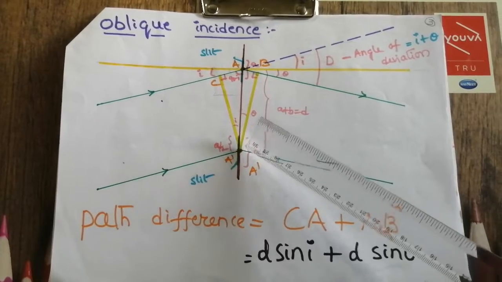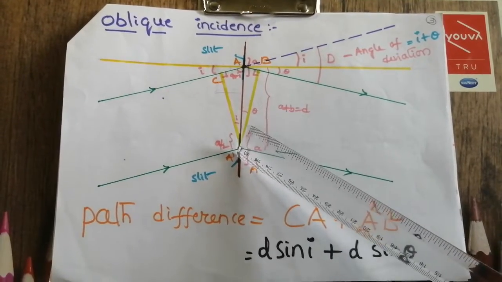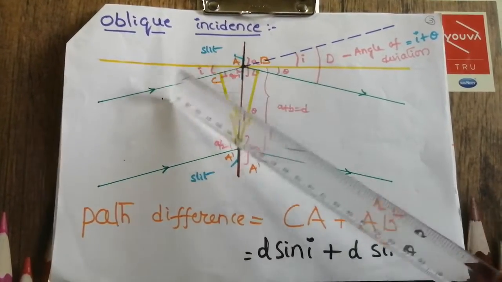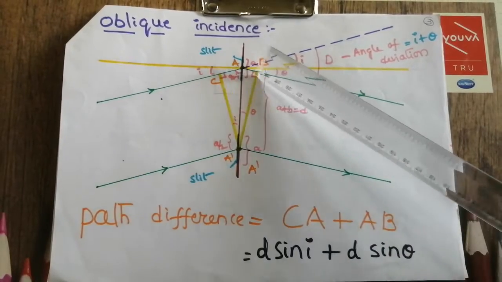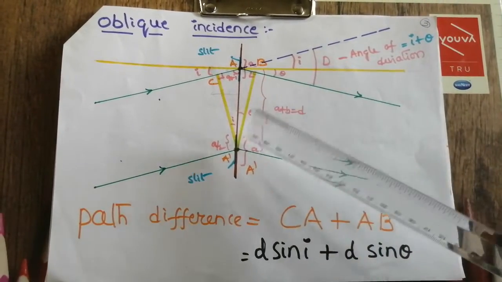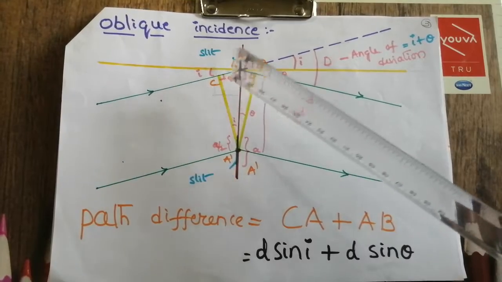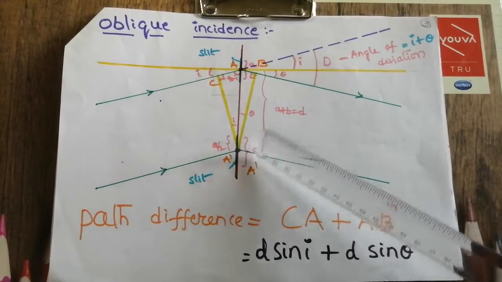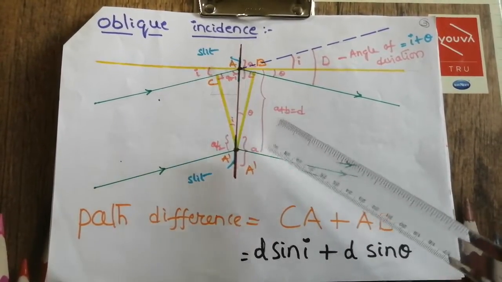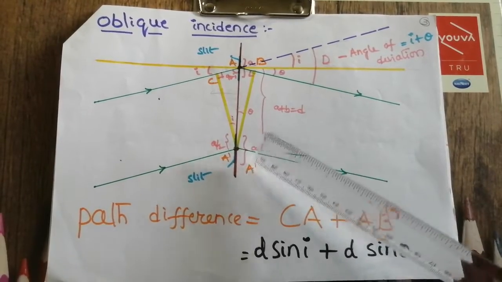For this, draw a normal from A dash to the first ray, and after diffraction to the first ray. C and B are the normals, so A dash C is a normal and A dash B is a normal.